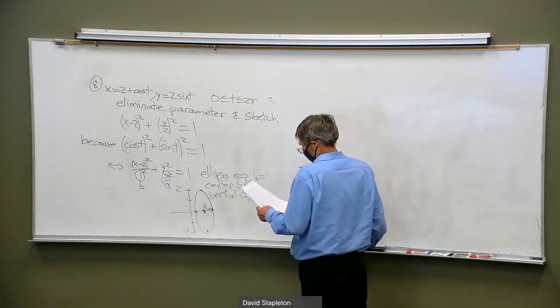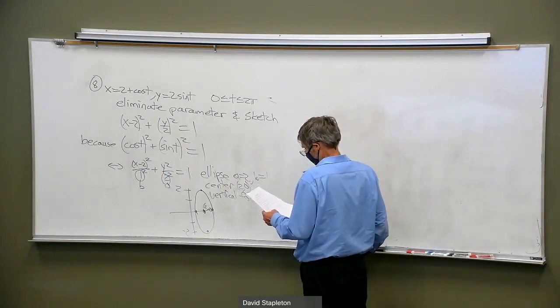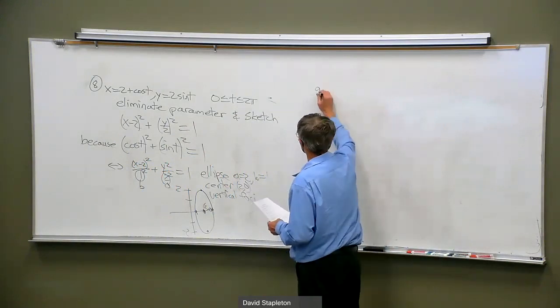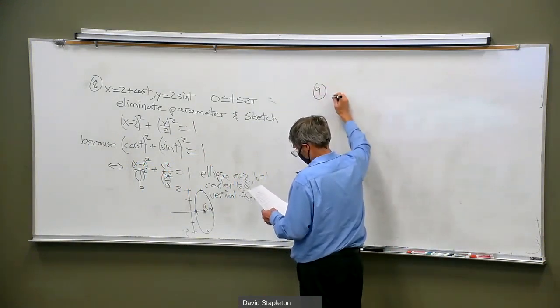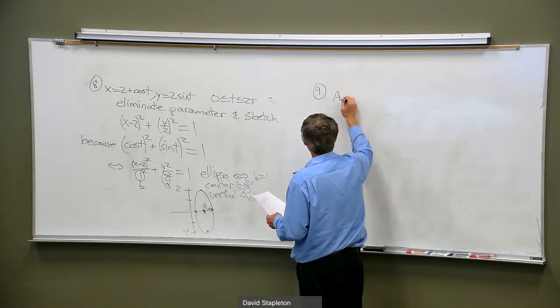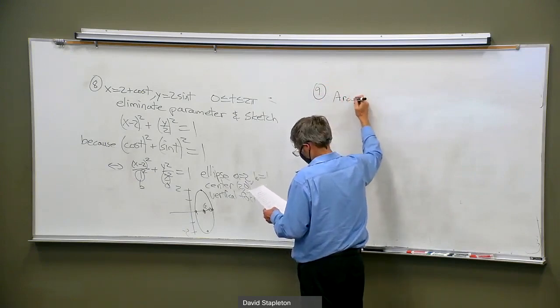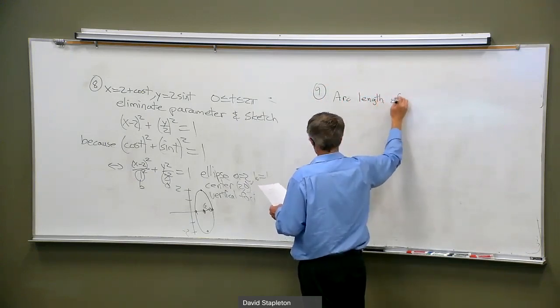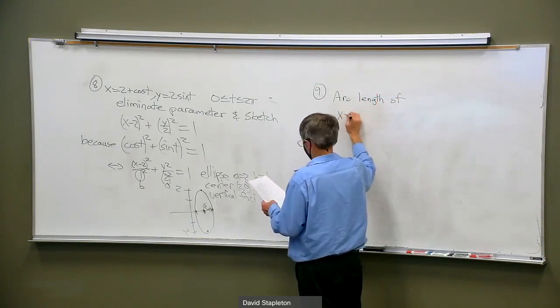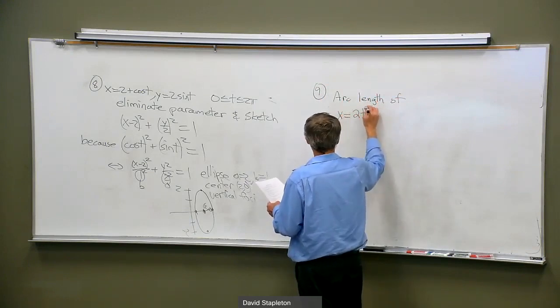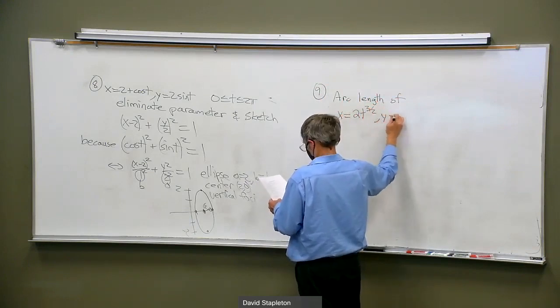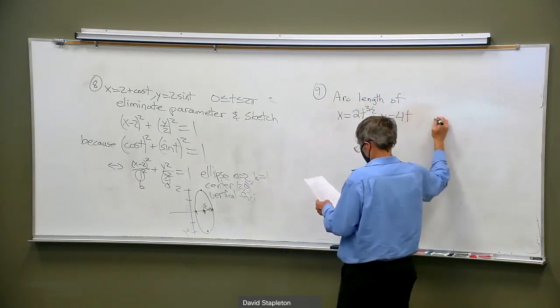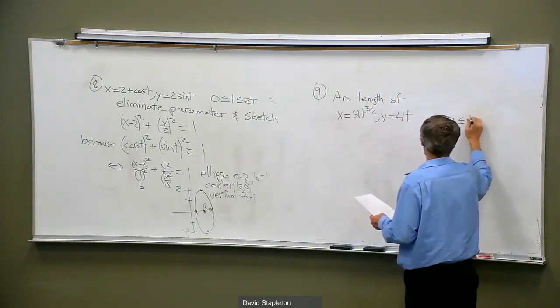Let's see. Now let's look at 9. The other thing you can do with parametric curves is look at the arc length or the arc length parameterization. Suppose I give x equals 2t to the 3/2, y equals 4t, and let t run from 0 to 1.